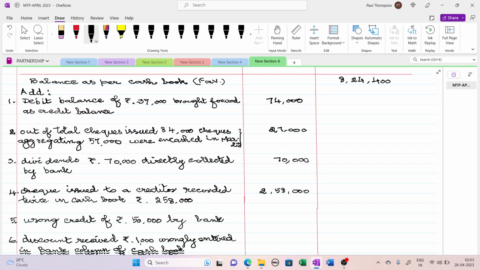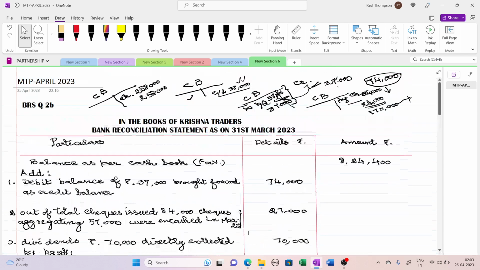They say that a debtor of Mr. A deposited a check for 64,000 into the bank directly. See here very carefully. A customer has come and put his check in the bank directly.